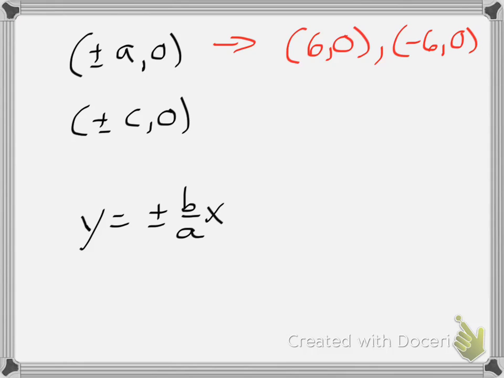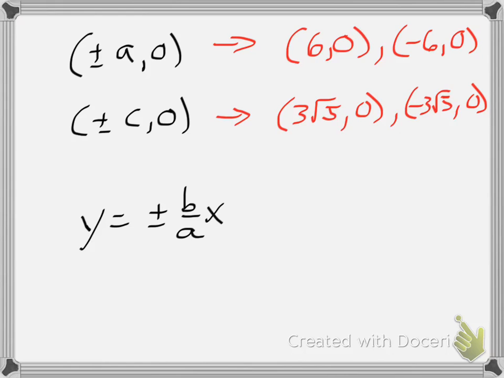Likewise, with c defined as 3 square root of 5, I can say my foci are at the point 3 square root of 5, 0 and negative 3 square root of 5, 0. So now I have my vertices, my foci.